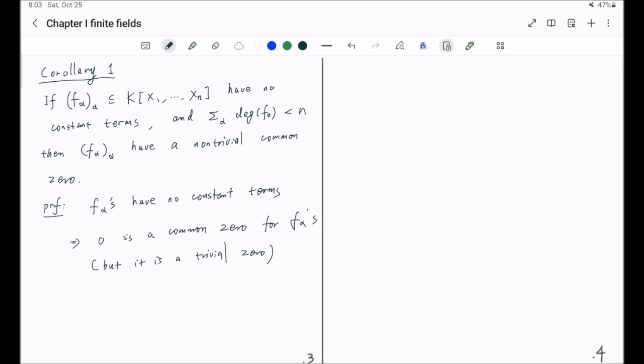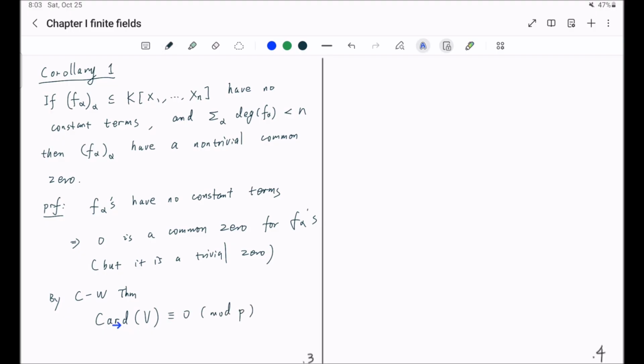By Chevalley-Warning theorem, we know that because of this assumption, the sum of degrees is less than n, the cardinality of V, remember this V denotes the set of common zeros for the f sub alphas, must be equal to 0 mod p.